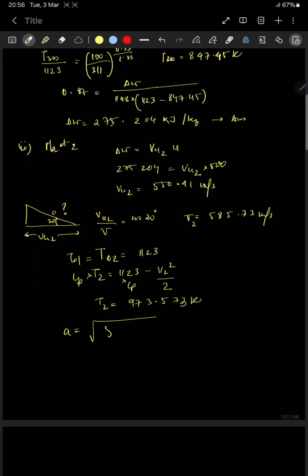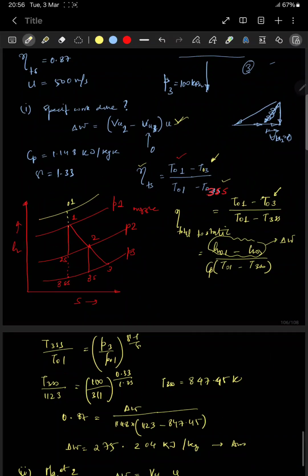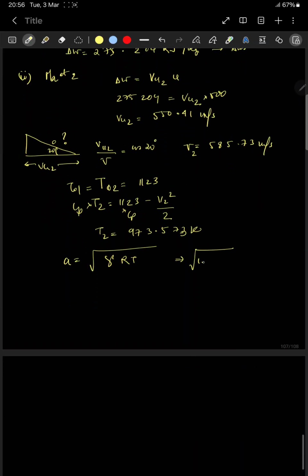Speed of sound is square root of gamma R T. We will have gamma as 1.33. We can find out R, and T is 973.573. 1148 is Cp. Gamma is 1.33. Cv is 863.157.